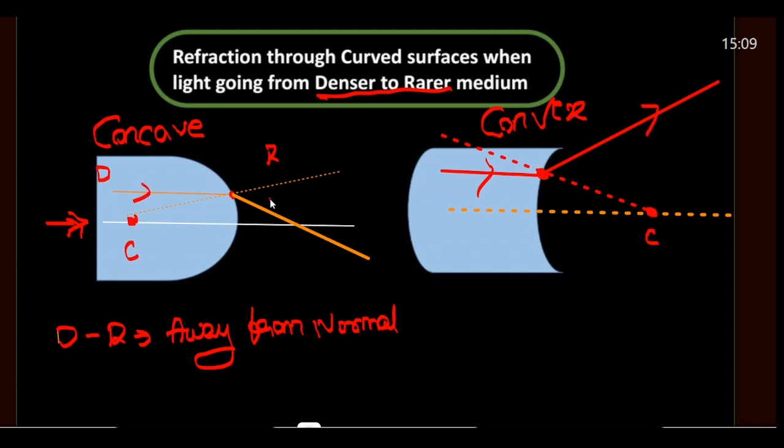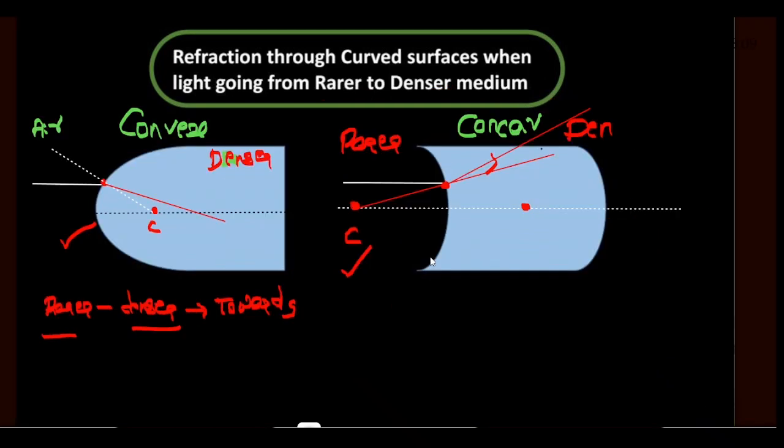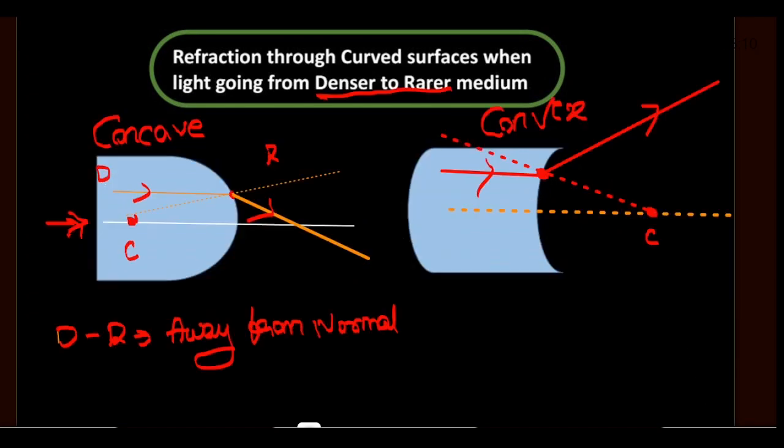In the last session also I mentioned that whenever you are drawing ray diagrams, you should mention the direction of the ray, like from where to where it is going. So these are the four cases of light ray bending while going from denser medium to rarer medium and falling on a surface, whether concave or convex.